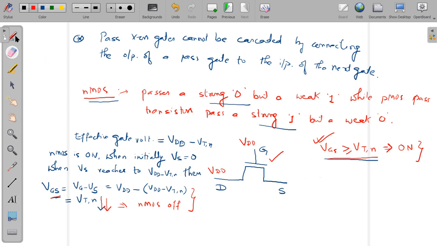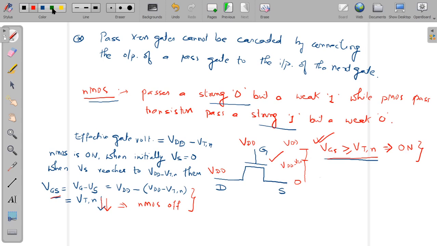It means that the source terminal can swing between 0 to VDD minus VTN, up to this value, and not up to VDD.